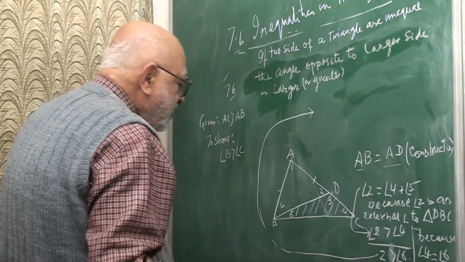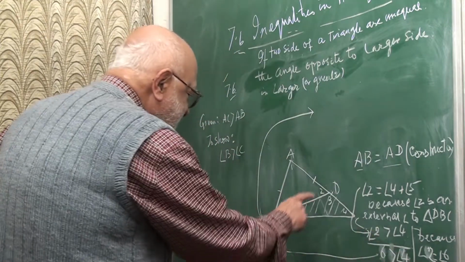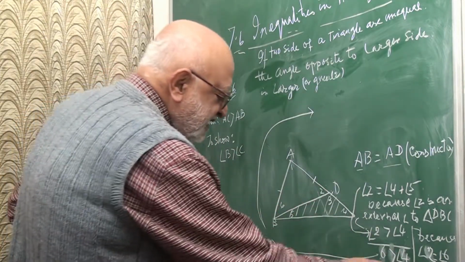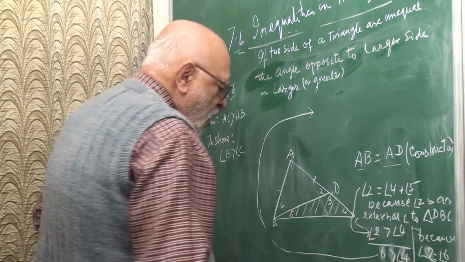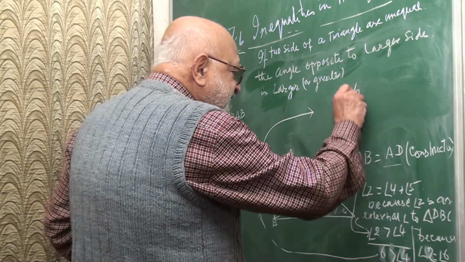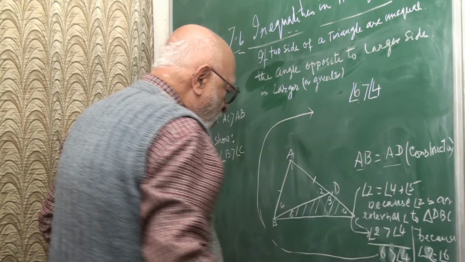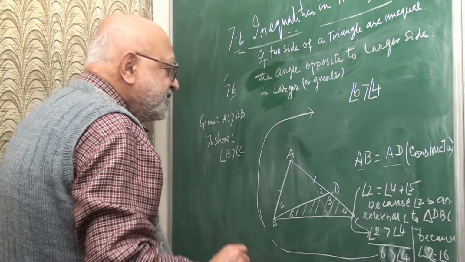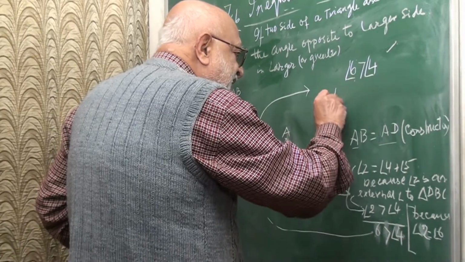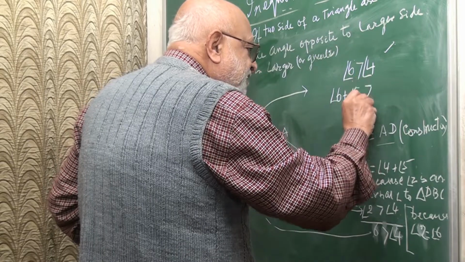Because angle 2 and angle 6 are equal, and now angle 4 is equal to angle 6, this is to be seen here. So we are starting: angle 6 is greater than angle 4. This is true. Now if angle 6 is greater than angle 4, and I add angle 5, that will definitely be greater than angle 4.